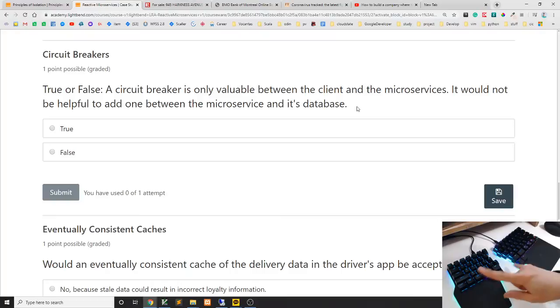So it is an asynchronous message system, while this one is also a synchronous message system.